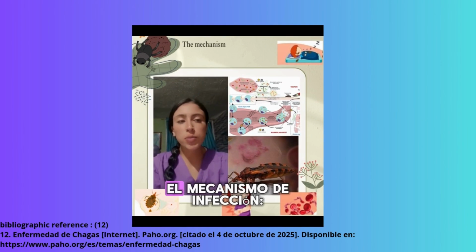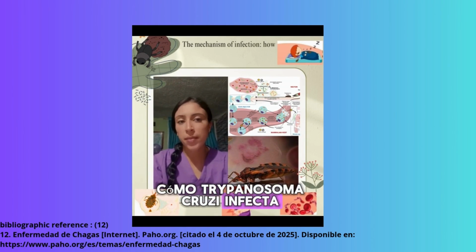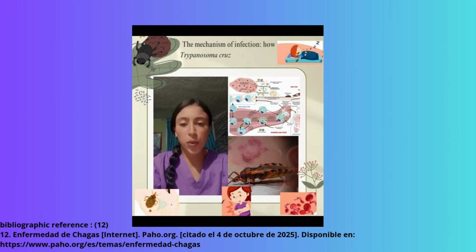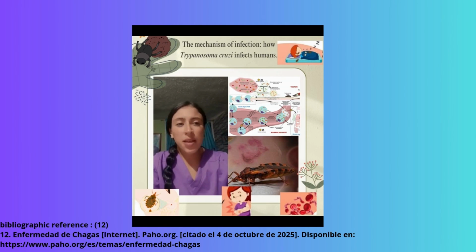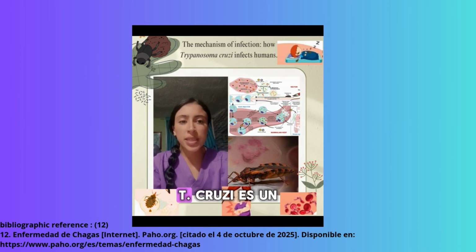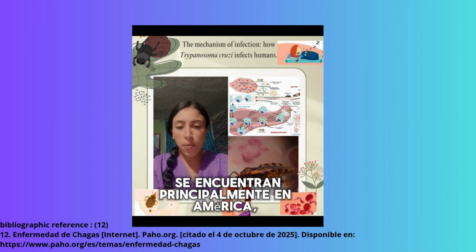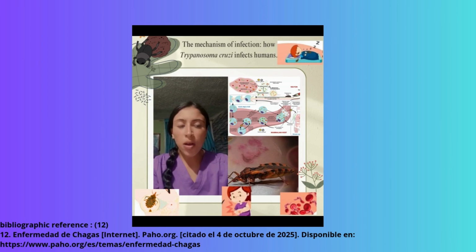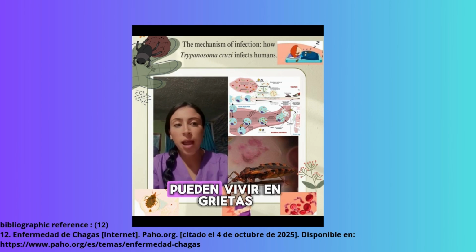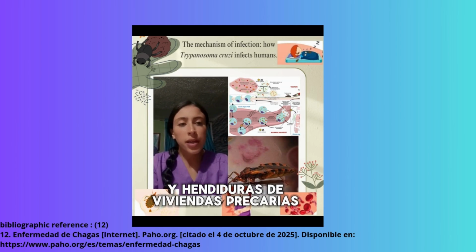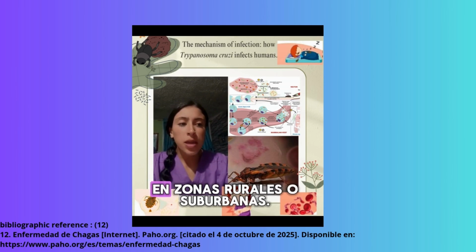Hi, I'm going to explain the mechanisms of infection of Trypanosoma cruzi in humans. T. cruzi is a parasite transmitted through the infected feces of blood-sucking triatomine bugs. The insects, found mostly in the Americas, can live in the cracks and crevices of poorly constructed homes in rural or suburban areas.